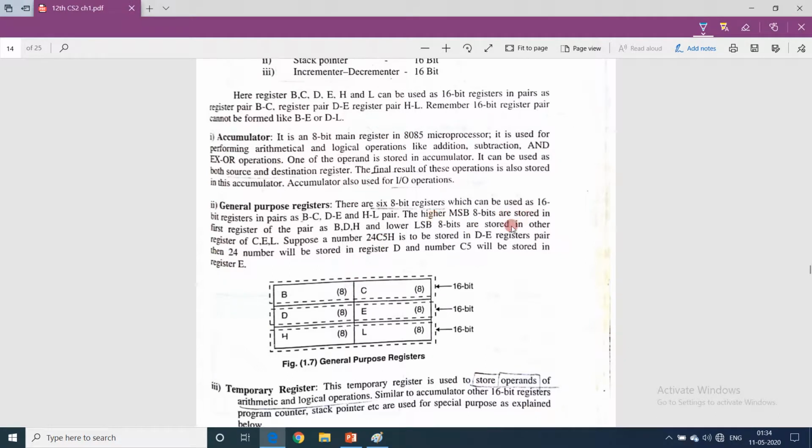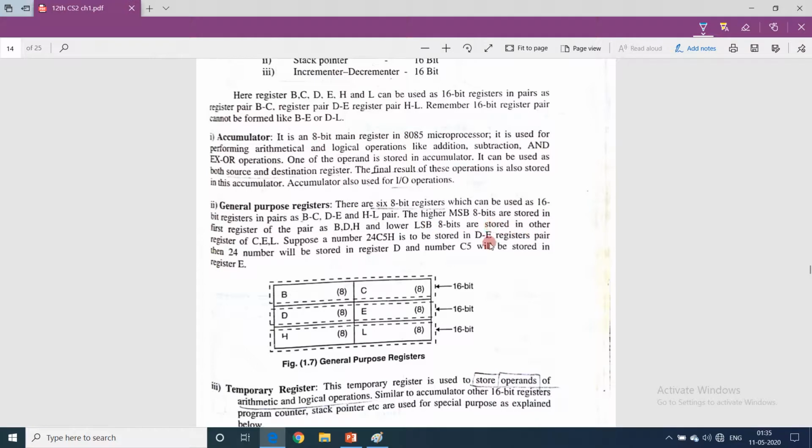The higher MSB 8 bits are stored in the first register of the pair. If you are using register pair BC, the most significant bits will be stored in the B register. If you are using pair DE, then in the D register. When you are using the HL pair, then in H.